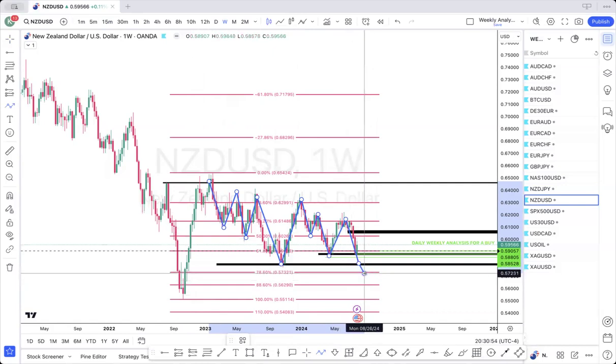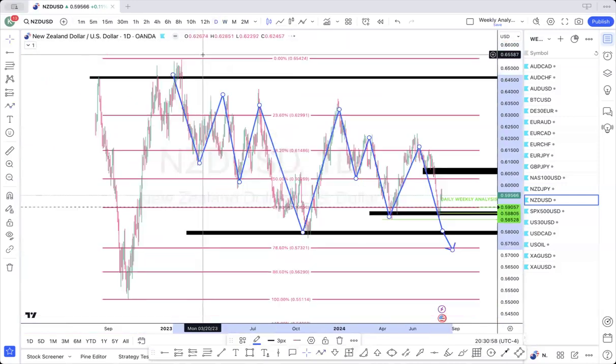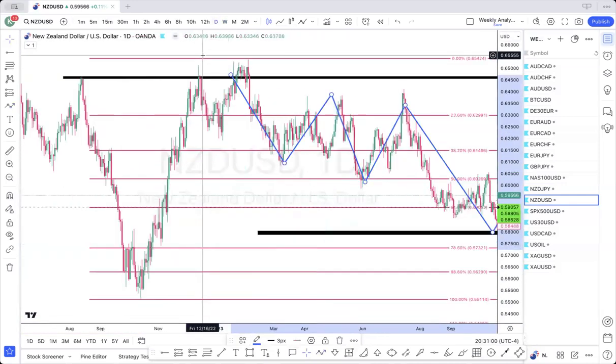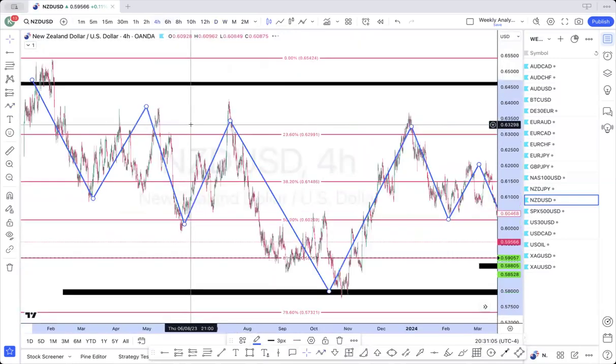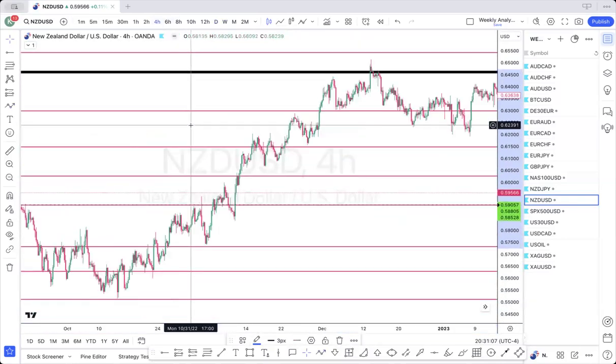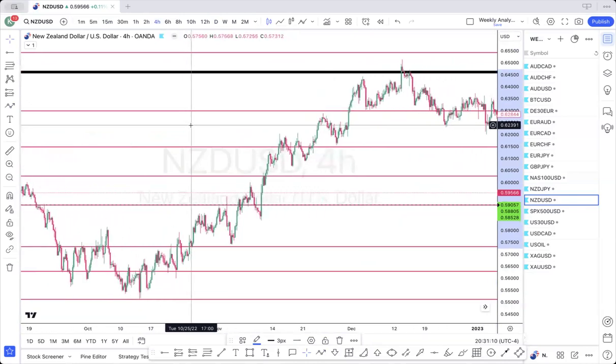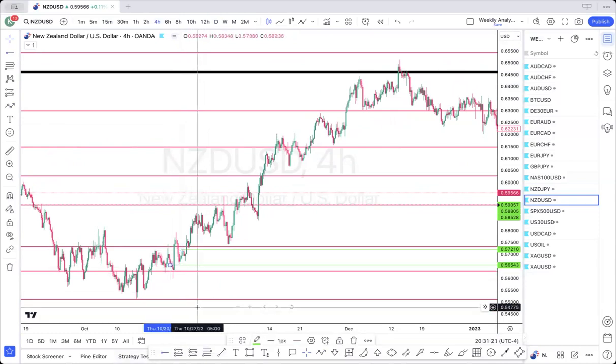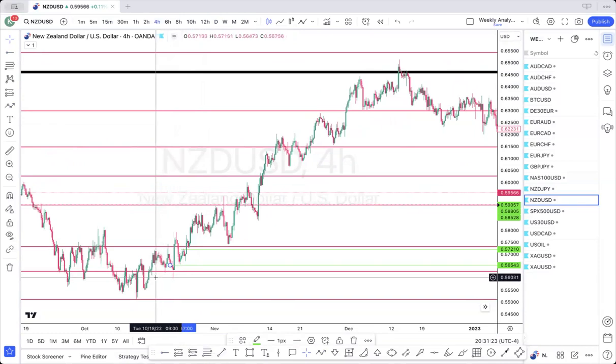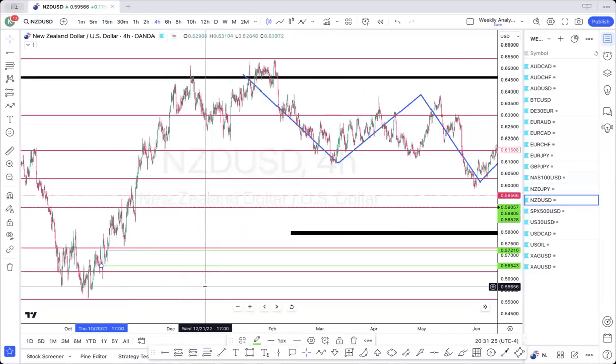And I'm just going to stick this at the 78 here to see. Let's see. Nothing on the daily. Let's see. The 4-hour. Okay. There's imbalance that's already been mitigated.